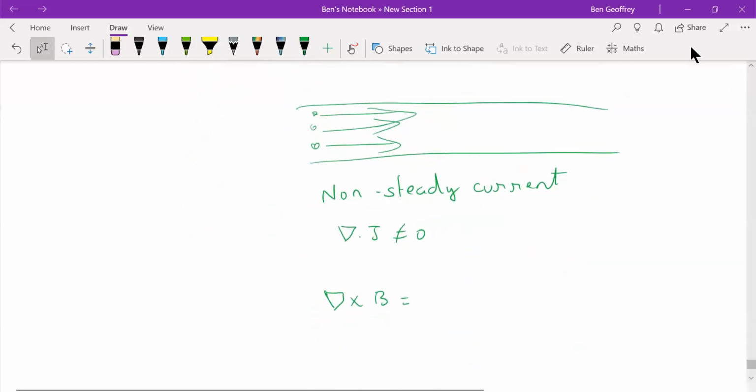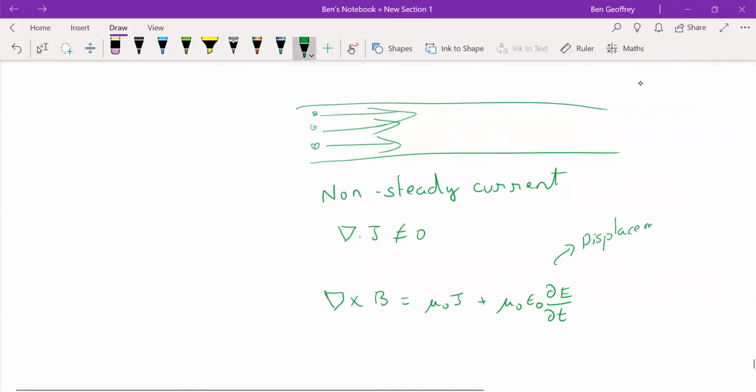I'll write it out now. So mu naught J comes from Ampere's law, and the term he introduced is epsilon naught times the partial derivative of E with respect to t. This is actually called the displacement current.